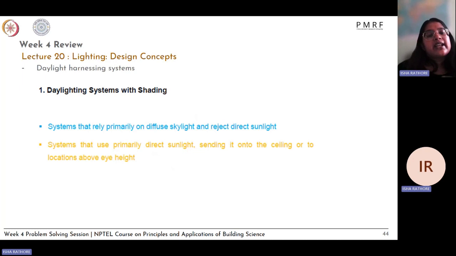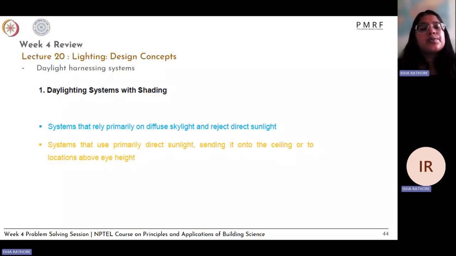So these are systems that rely primarily on the diffuse skylight and reject direct sunlight. So you basically prevent the harsh component, because sunlight is also associated with heat gain. So you want the diffuse skylight to light up your inside spaces or be the lighting component for your building, but you don't want the direct sunlight, which also has high solar irradiation values or heat gain factor, to come inside your buildings.